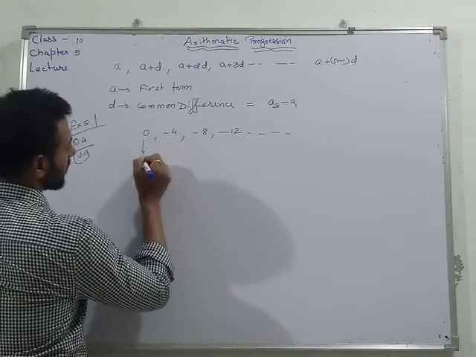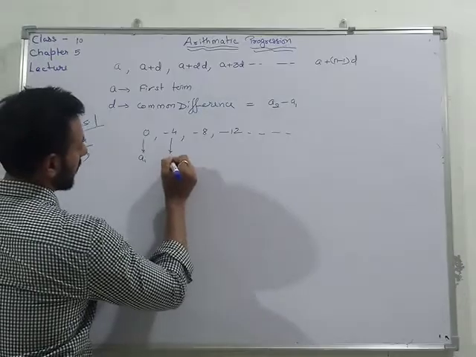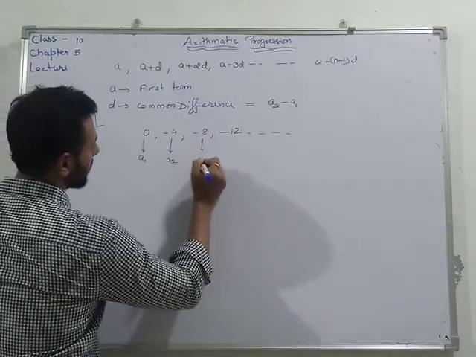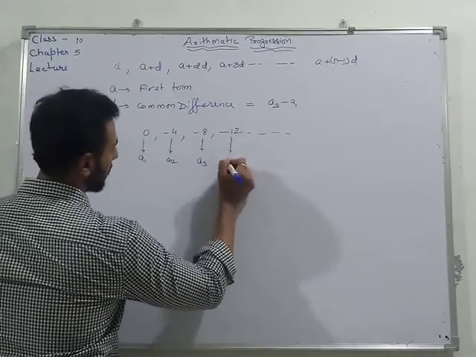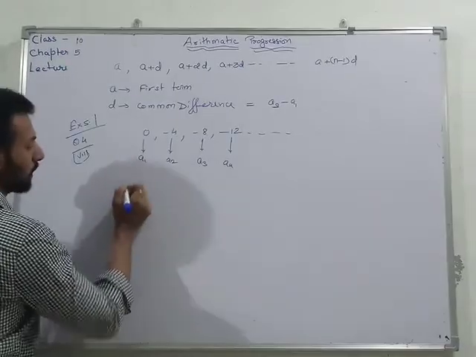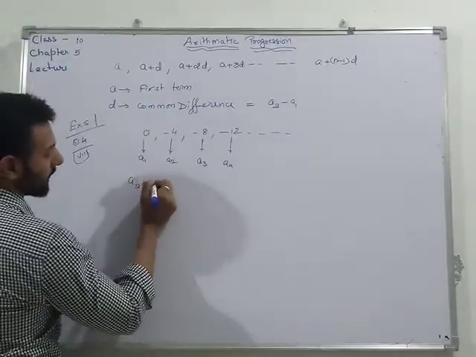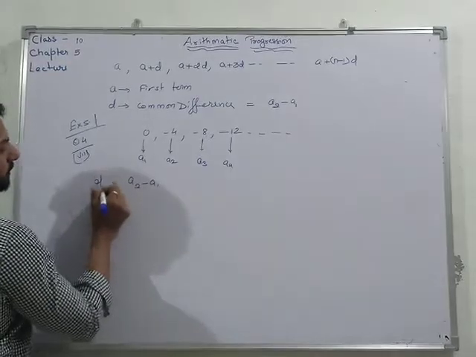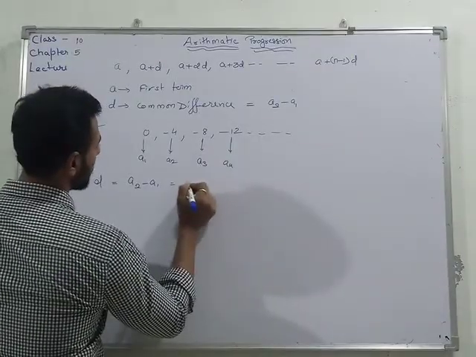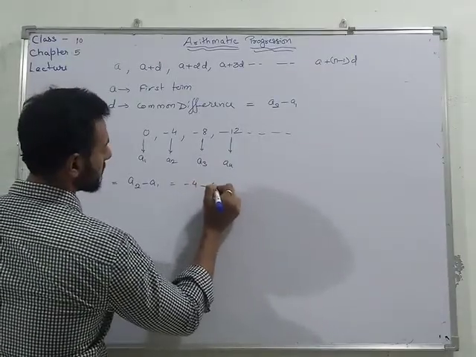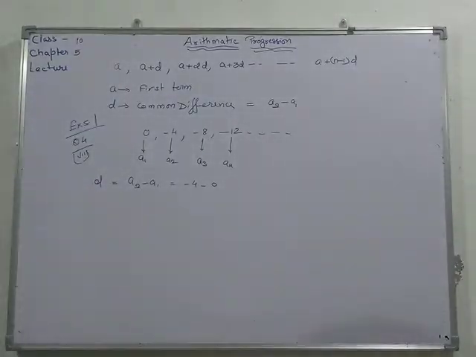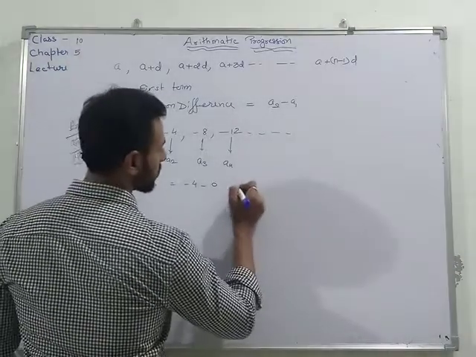This is A1, A2, A3, A4, and so on. A2 minus A1 is the common difference. Common difference is coming minus 4 minus 0, which will be minus 4.